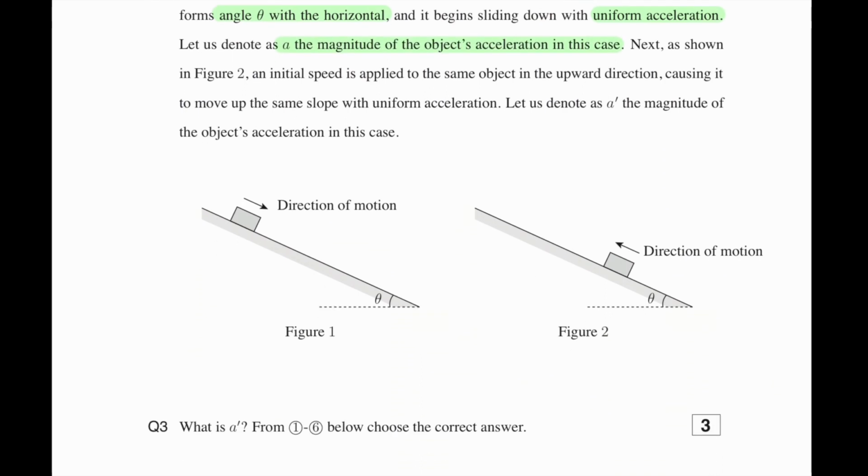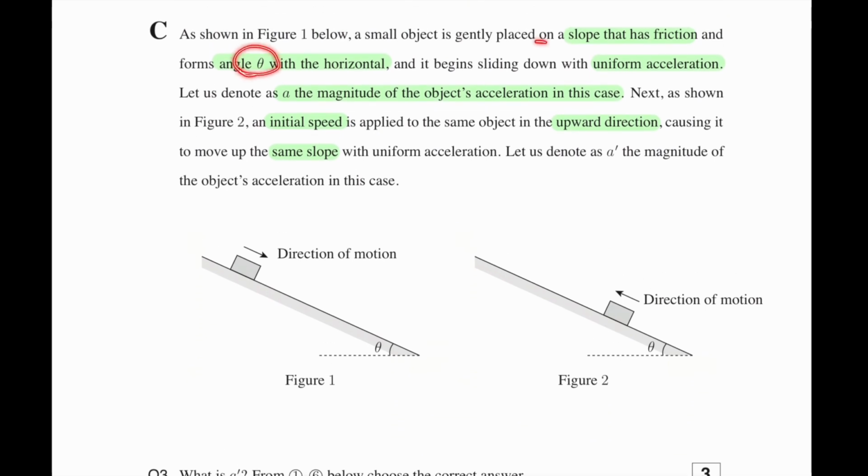And then next, as shown in figure 2, an initial speed is applied to the same object in the upward direction. We give this object an initial speed, and then this object will move in the upward direction, causing it to move up the same slope. So we have the same slope, that means we have the same angle and the same frictional force with uniform acceleration.